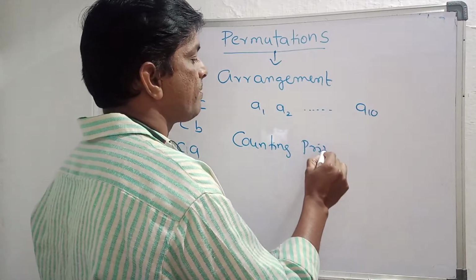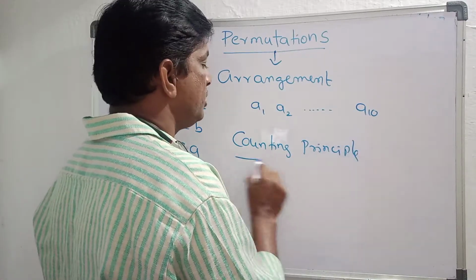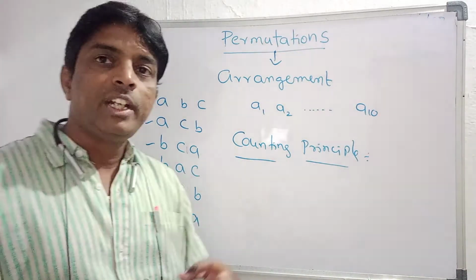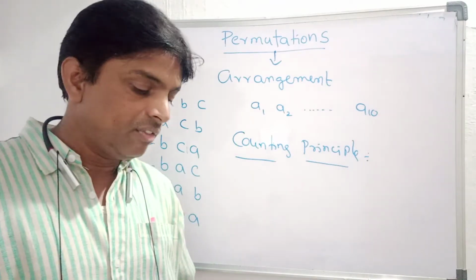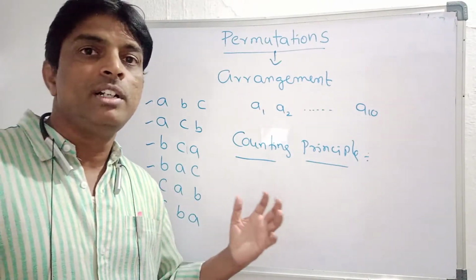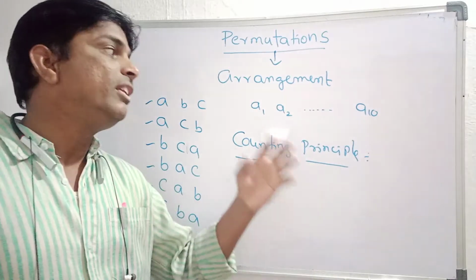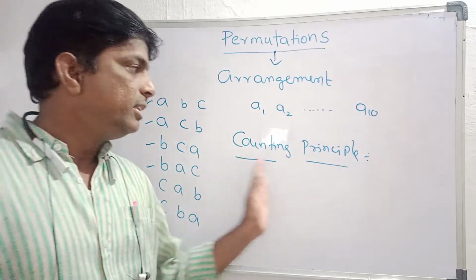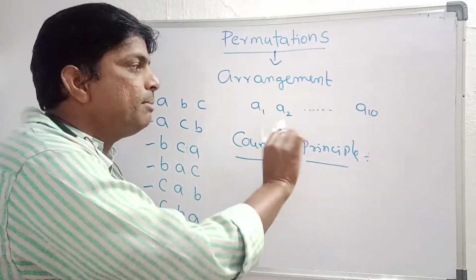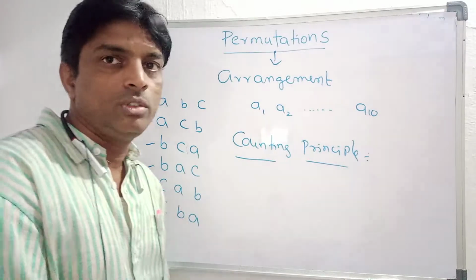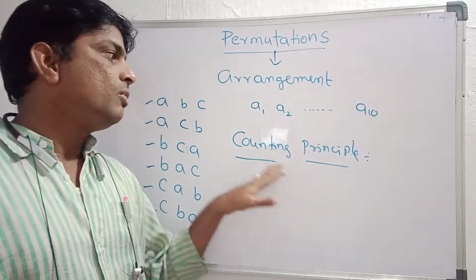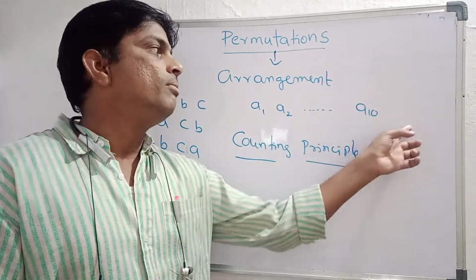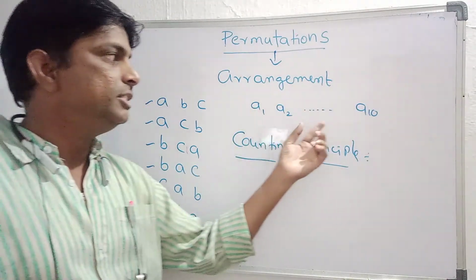The advantage of the counting principle is that we can find the total number of arrangements without actual counting, or without actually writing the arrangements on a piece of paper. That is the basic usage. First we will learn the counting principle, and after that we will discuss how to find the number of different arrangements in this case.